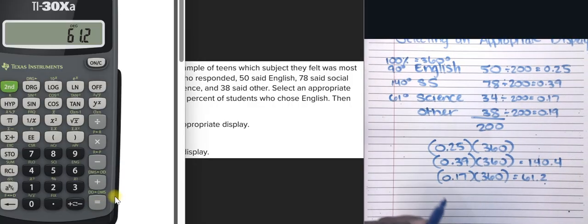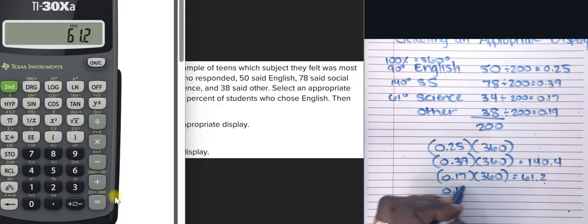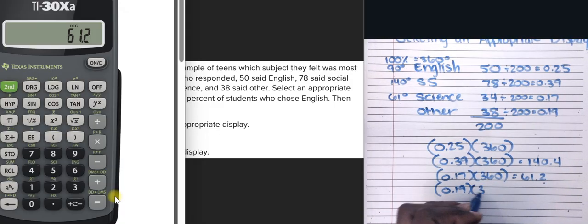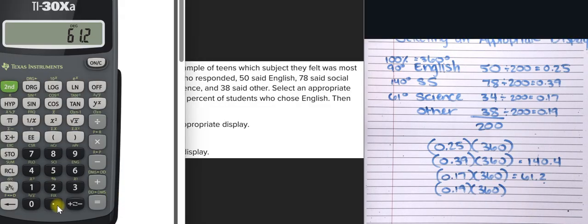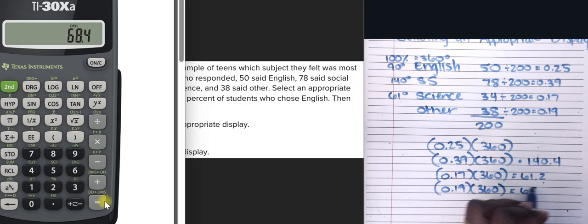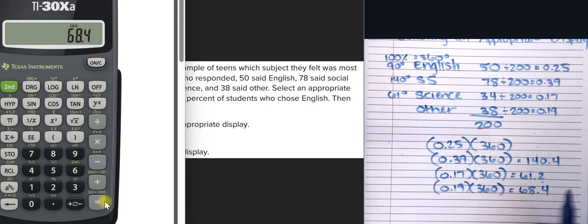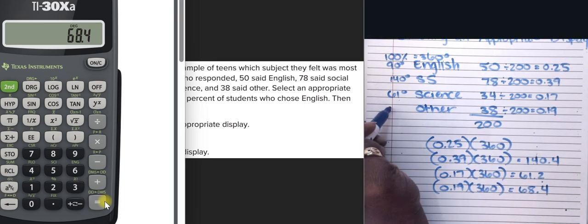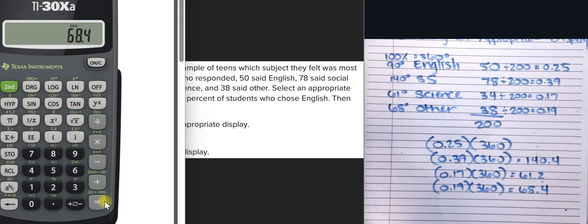And then finally we have 19%, so 0.19 times 360. And we end up with 68.4. And if we round that to the nearest whole number, that gives us 68 degrees.